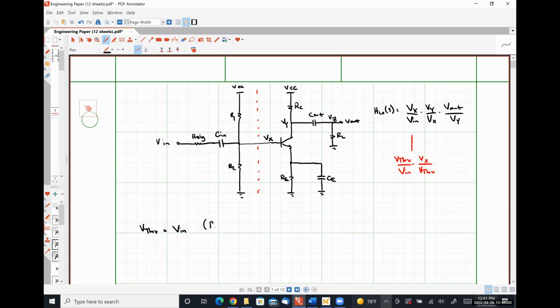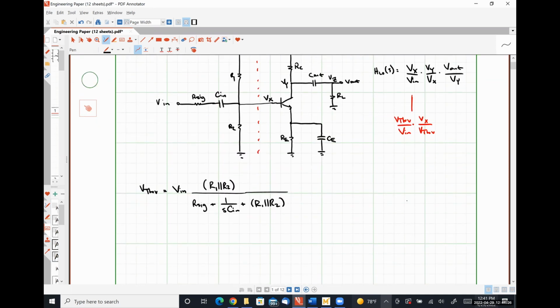So I'm going to treat that as R1 in parallel with R2 over R sig plus 1 over SCN plus R1 in parallel with R2. And with a trivial amount of manipulation, I can then find that VThev over Vn.